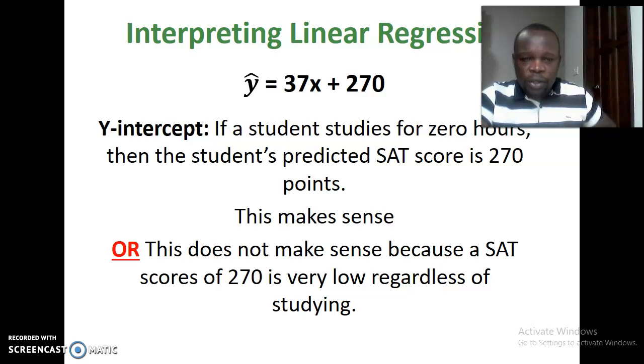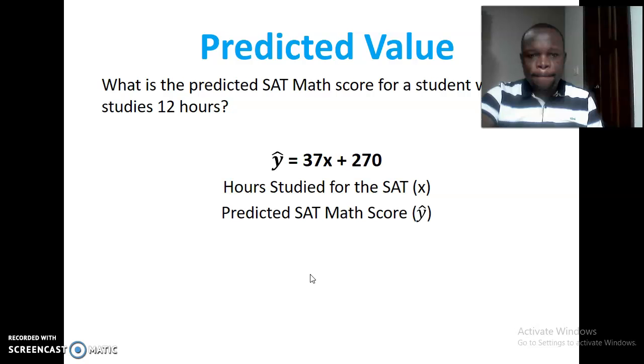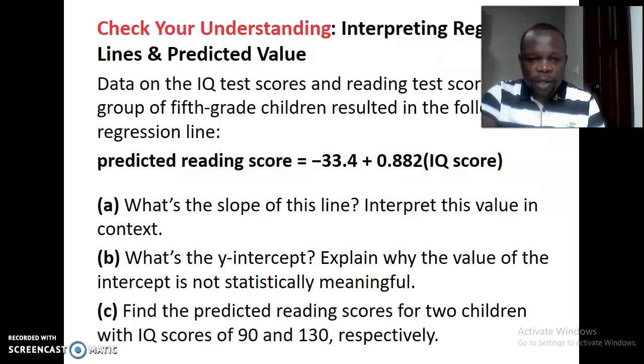That's just additional questions on that. And we can always use this predicted y. If we have any value of x and plug it in there, it can always give us the predicted y value. Once you know your predicted y value, you can always add it to the formula there.